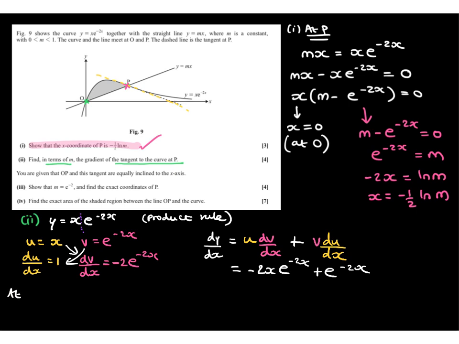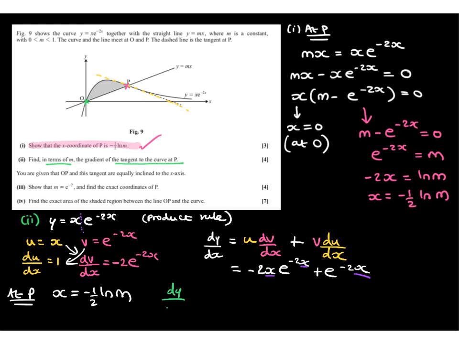Now, at P, we know the x-coordinate is negative 1/2 ln m. And we have to substitute that in for x in the gradient formula.